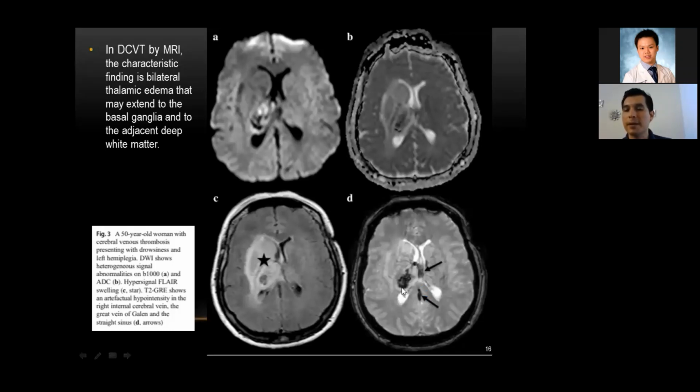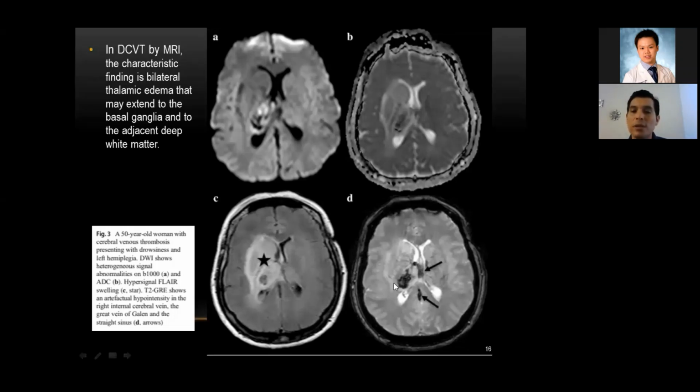But this signal is hypointense because of the presence of blood, and this presence of blood will cause distortion in the images of DWI and ADC. So this could be an example of T2 shine, the opposite of T2 shine through, that is T2 dark through.